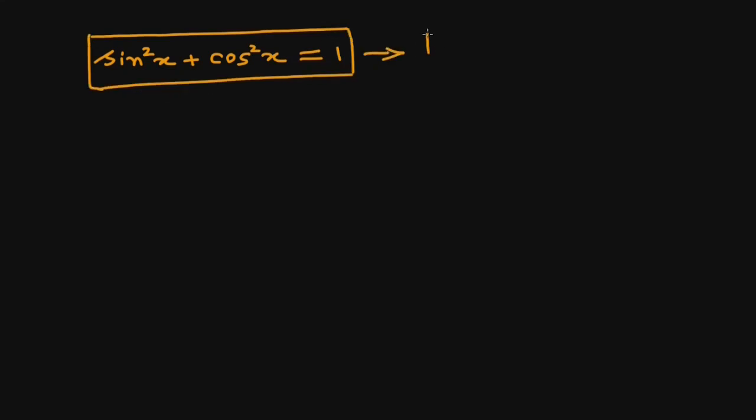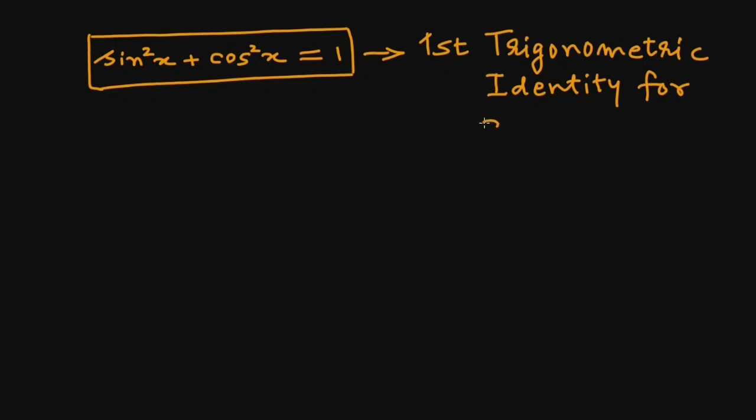We have seen sin square x plus cos square x equals 1, which we call our first trigonometric identity, for any real number x. We will derive the other two trigonometric identities from this first one. We divide this identity by cos square x.